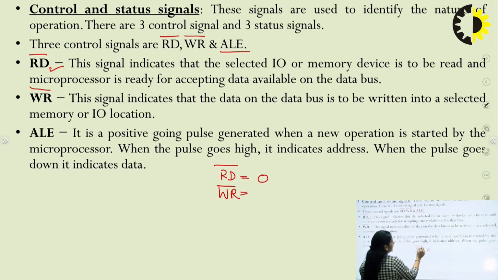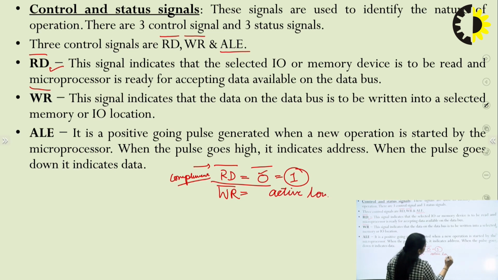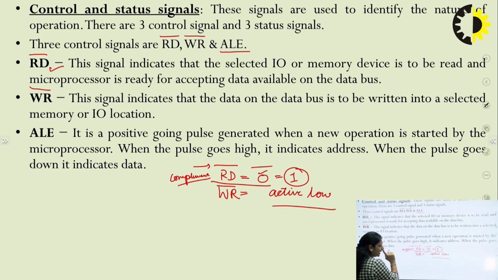Active low means there is a bar here; bar means complement. So if it gets 0, the complement is 1, and it will be active. That is why it is called an active low pin. Read bar and write bar are both active low pins.